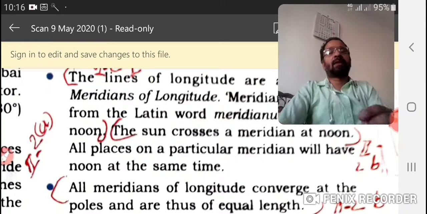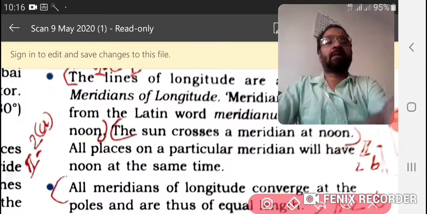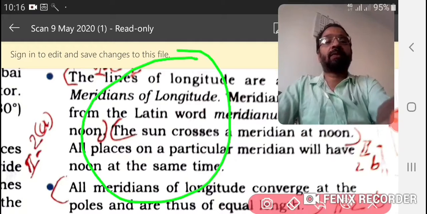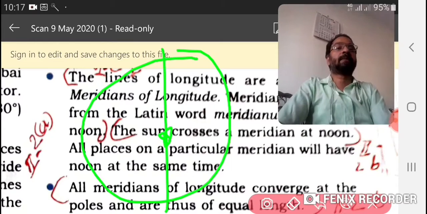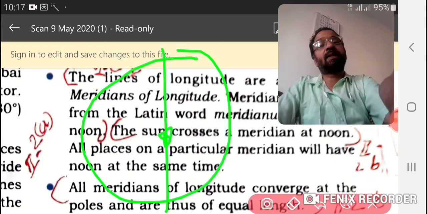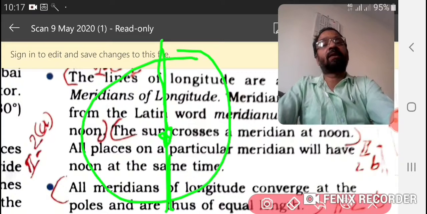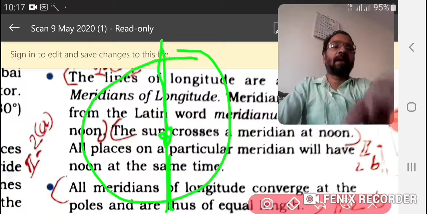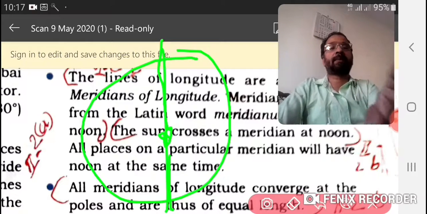I want you to understand: if the sun is here at noon time, then all this area from here to here has noon at the same time, there is no time change.